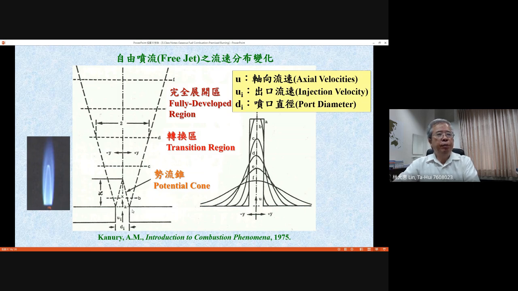Now, if you try to plot the actual velocity distribution at a different cross section A at the axis plane, then move a little bit downstream to cross section B, cross section C, cross section D, until the very far downstream side, cross section F, we try to describe the variation of actual velocity distribution, first for cross section A here.